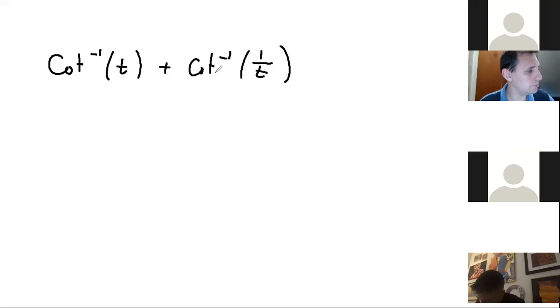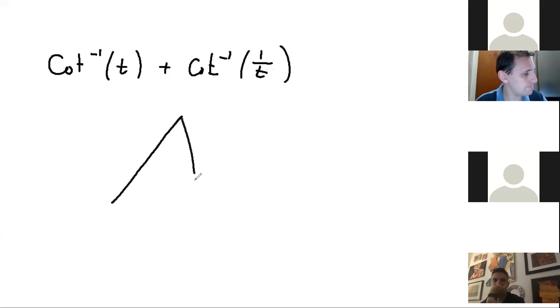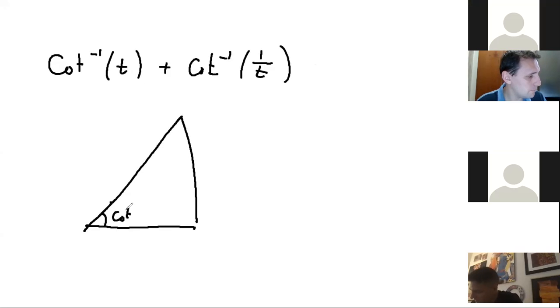First of all, maybe instead of taking derivatives, we can first try to understand what it might look like. What is cotangent inverse of t and cotangent inverse 1 over t? Let's draw ourselves this right triangle. Cotangent inverse of t means adjacent over opposite equal to t. So I can place this to be t and opposite to be 1. You agree? That's cotangent inverse.